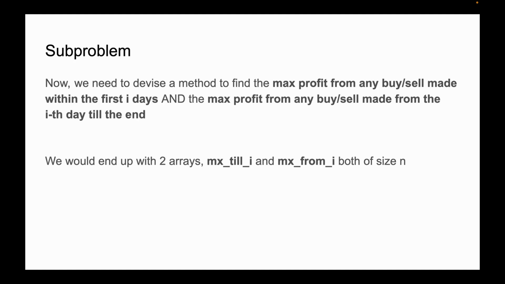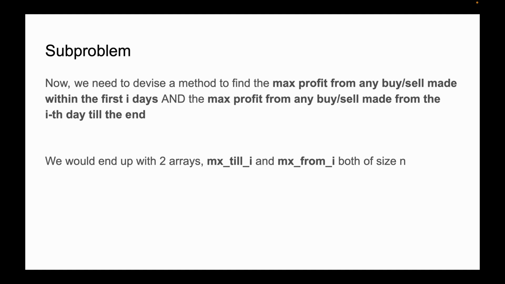So now we have our sub-problem, which is that we need to devise a method to find the maximum profit from any buy-sell made within the first i days and the maximum profit from any buy-sell made from the ith day till the end of the array. Thus, we'll end up with 2 arrays.